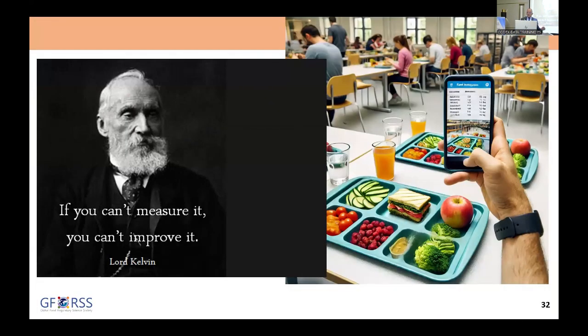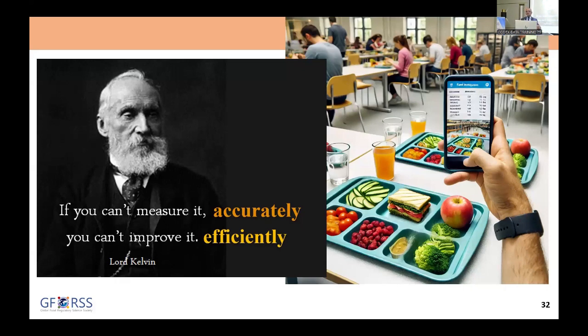Finally, as we said in the beginning, if we want to improve it, we need to measure it, and measure it accurately, and this will lead to improving it in an efficient way.